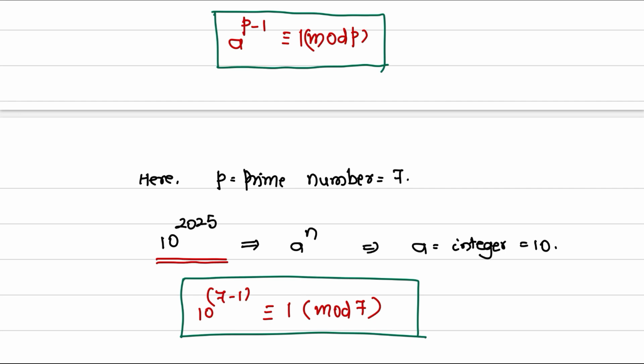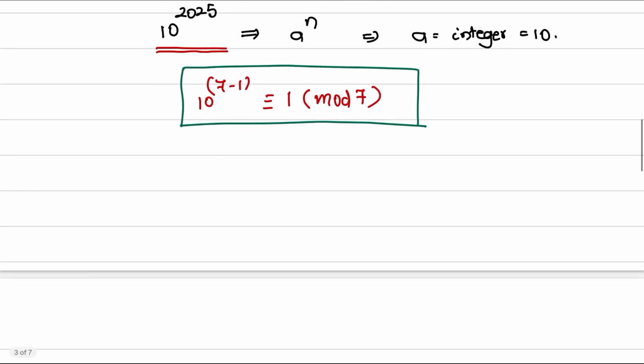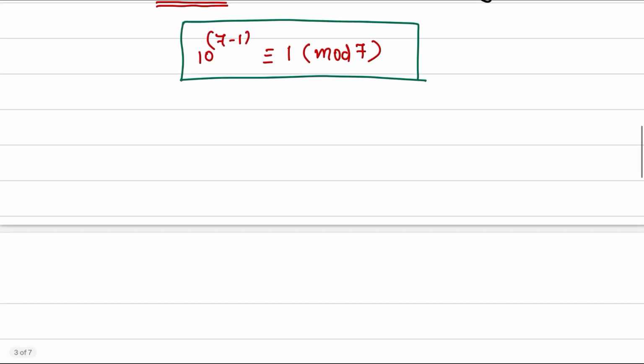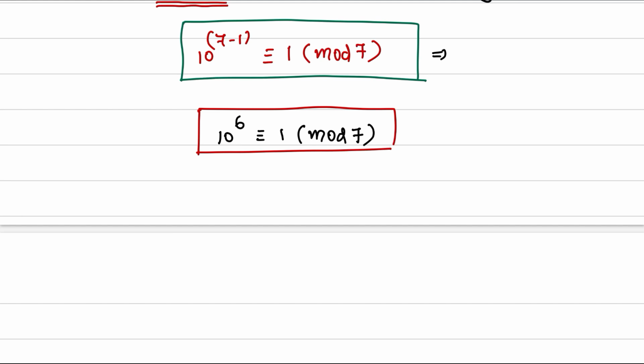This is what I have written. Now I have to decipher what it means. This is equivalent to 10 to the power of 6 equivalent to 1 modulo 7. What does it mean in modular arithmetic? This mod 7 is nothing but modulo 7.